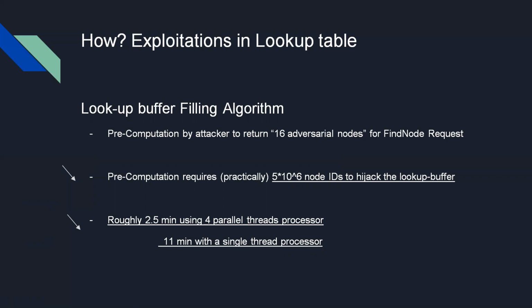through pre-computation. By calculating, we see that we require 5 million node IDs to hijack the lookup buffer. So this equals 2.5 minutes using a 4 parallel thread processor, or we can also do it with 11 minutes with a single thread processor.